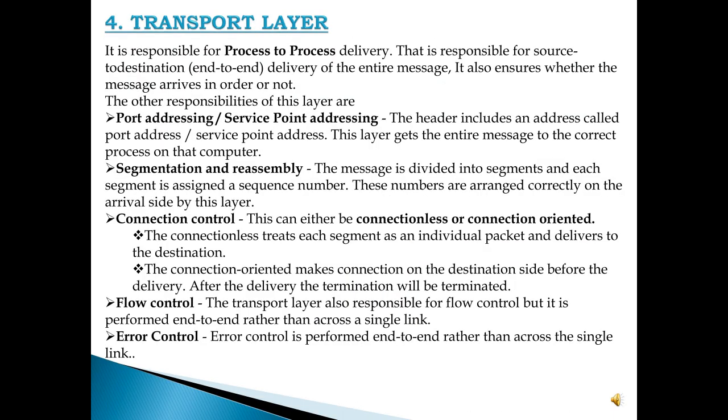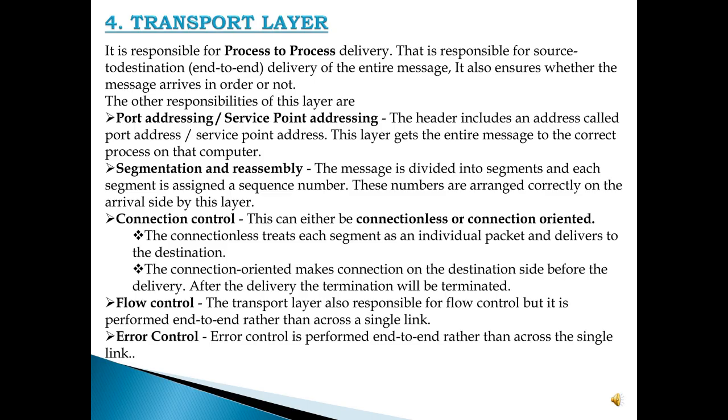Next layer we have transport layer. It is responsible for process to process delivery, that is, responsible for source to destination end to end delivery of the entire message. It also ensures whether the message arrives in order or not.